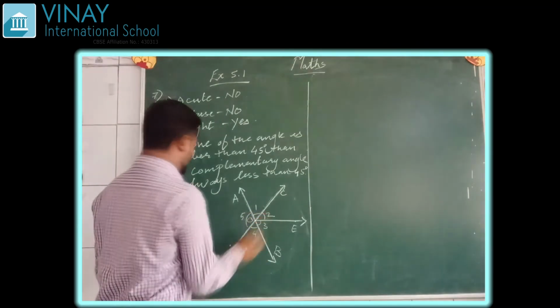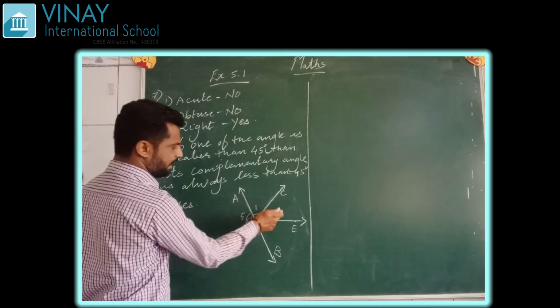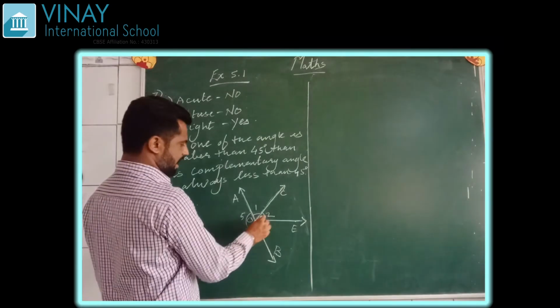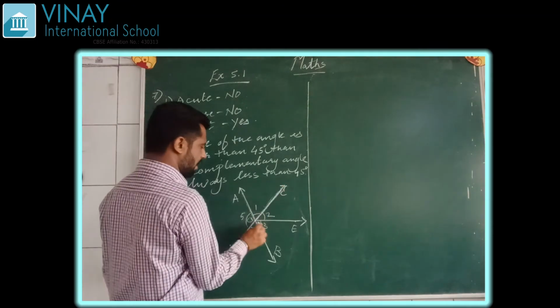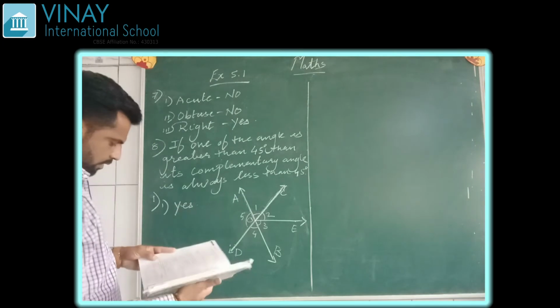So we can say that yes, angle 1 is adjacent to angle 2. These both angles are adjacent to each other as they have OC as a common arm and O as a common vertex.